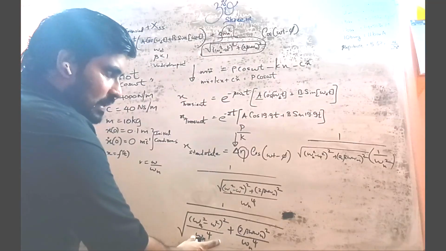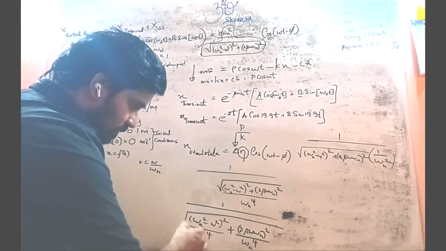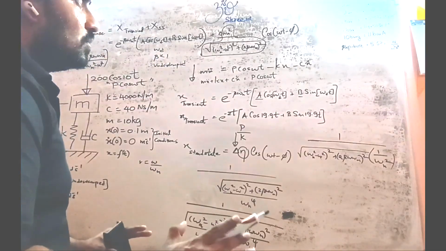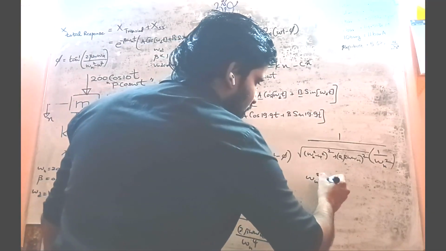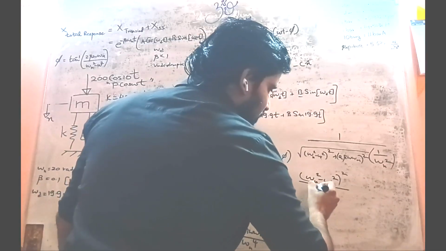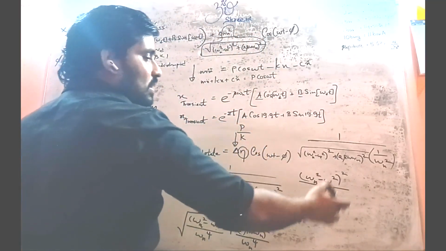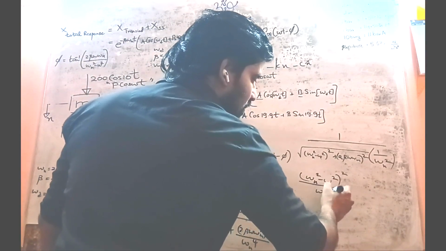Focus on this part. I'll go one by one, considering this part separately and that part separately, so it will be easy for you to understand. This is what we have: omega n whole squared minus omega squared, divided by omega n to the power 4.